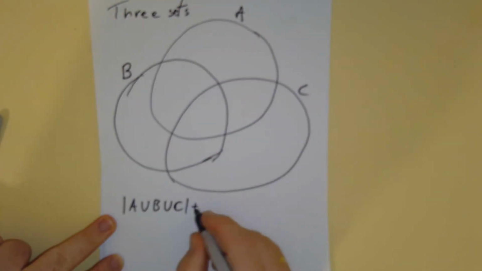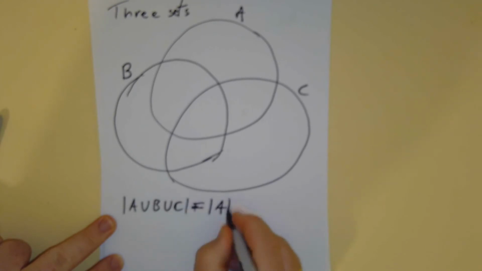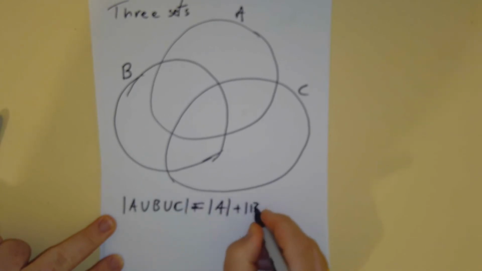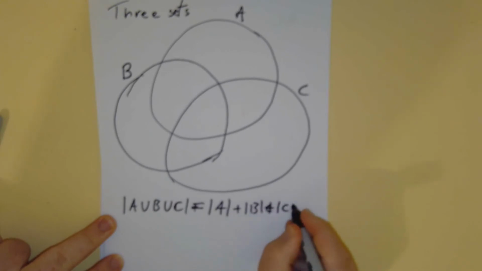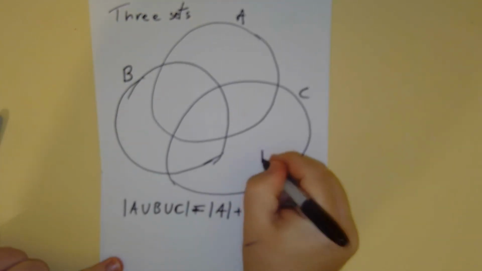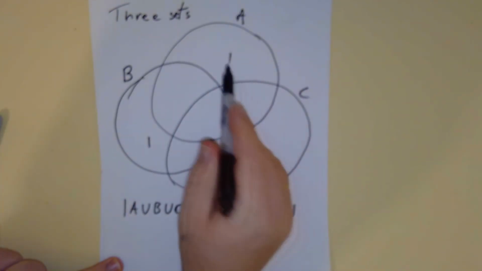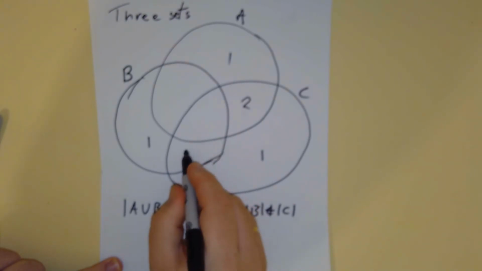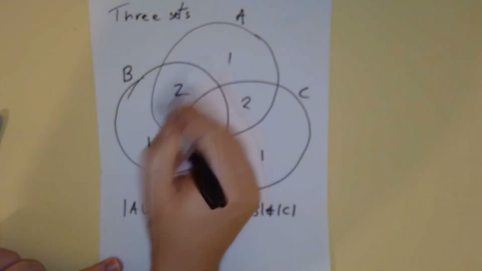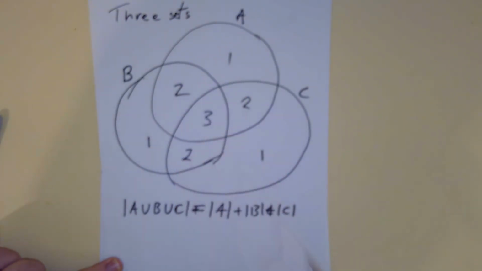And if I start by taking my A's and my B's and my C's, then I've got one of each of those currently. I've added this one twice. I've added this one twice because it was in B and C. I've added this bit twice because it was A and B, but I've added this bit in the middle three times. So we now need to minus some stuff off.